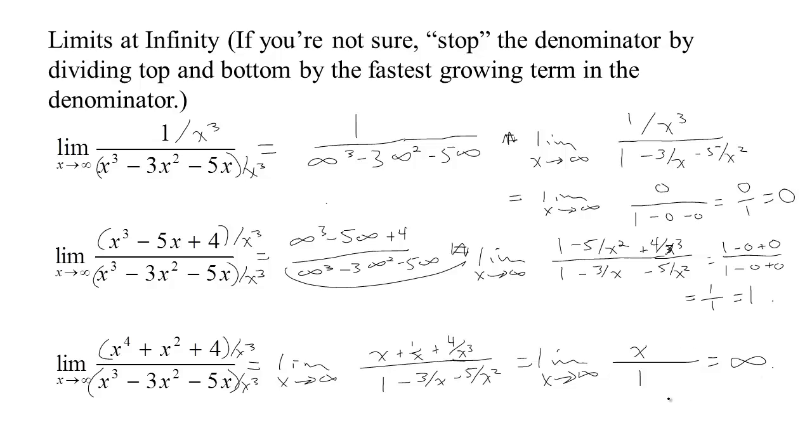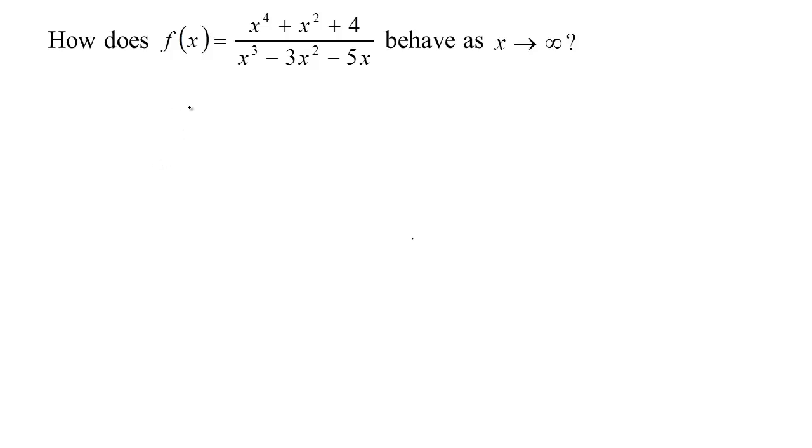But we can get some more information about this graph if we use long division. So we saw that the limit of this function as x tends to infinity is infinity. But we can tell a little bit more about how this function goes to infinity if we actually do the division problem. Remember, every fraction is really just a division problem. In fact, if you look at our symbol for divide, it is a tiny fraction with one number on top and one number on the bottom.